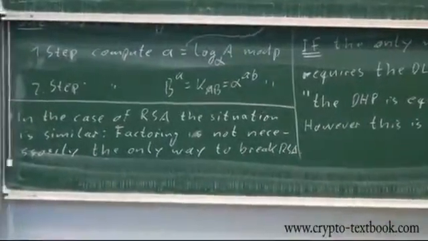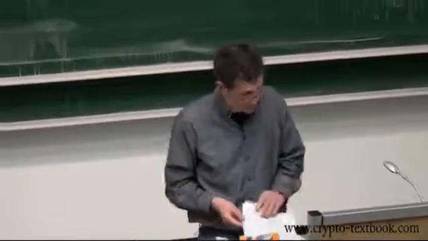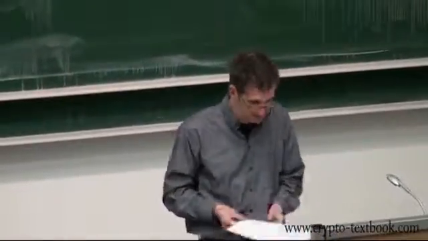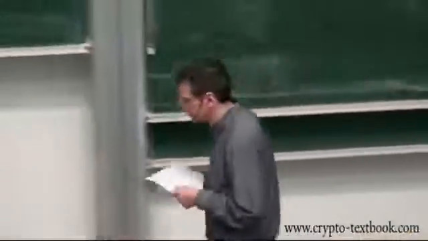It's just the best thing we know today. That's what people talk about, factoring. And actually there are a few big prominent crypto people and number theorists who say there should be a better way. Gut.